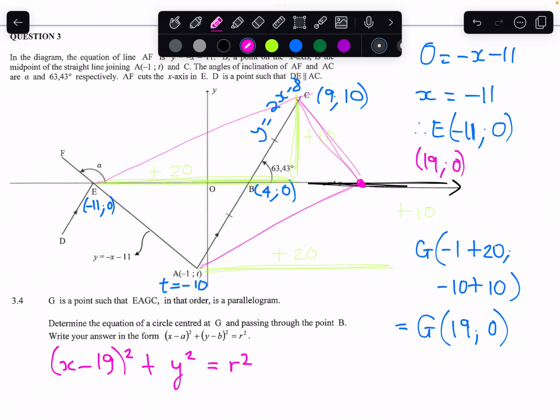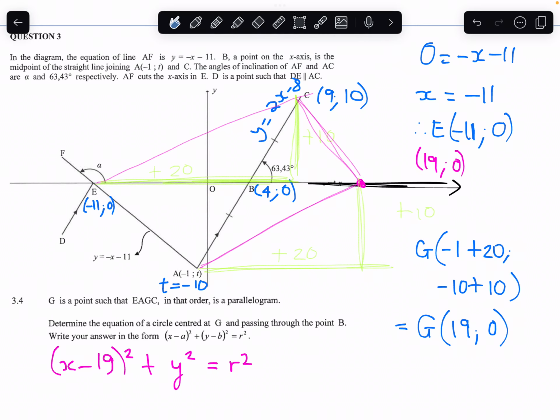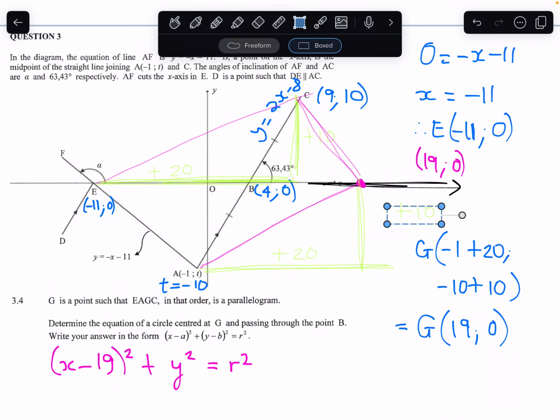Okay, terrible parallelogram, but you know, imagination, life is your creation. Right, so our 10, I'm just going to move that here. Okay, and if you go to a maths exam with coloring pencils, you'll have so much fun, I promise you. Right, okay, so this is our G. Oops, and we left the coordinates behind. There we go.